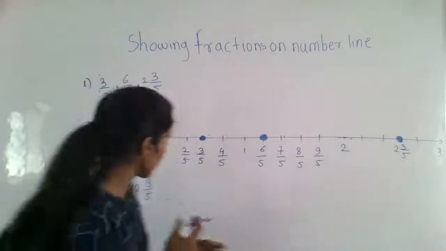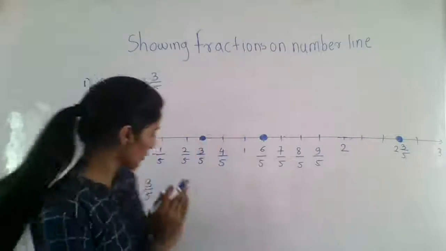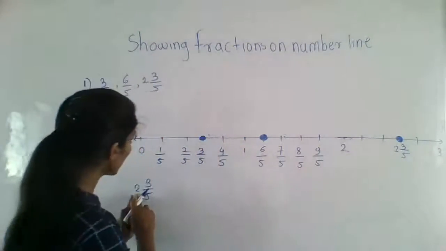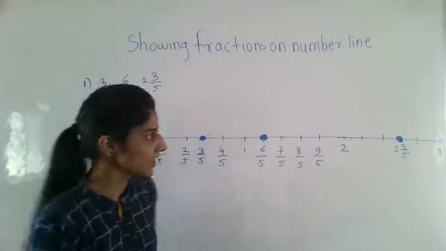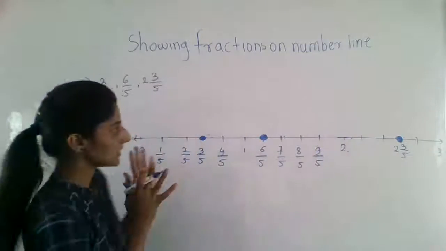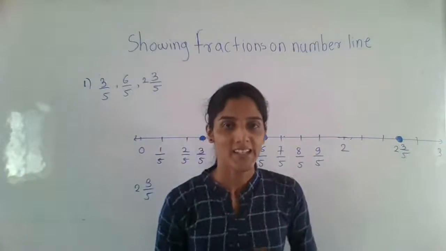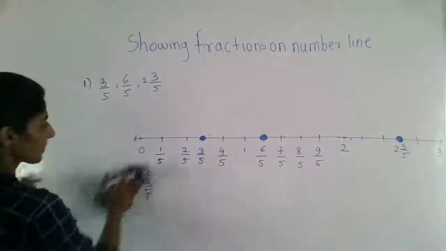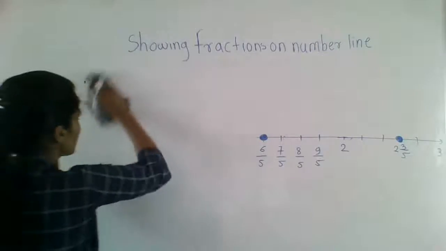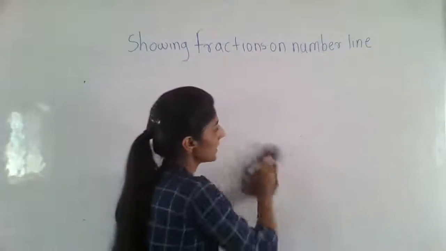This number comes between 2 and 3, so it is considered there. In this way you can represent the number on the number line. Understand? You can represent fractions, mixed numbers, proper fractions, improper fractions, anything on the number line.